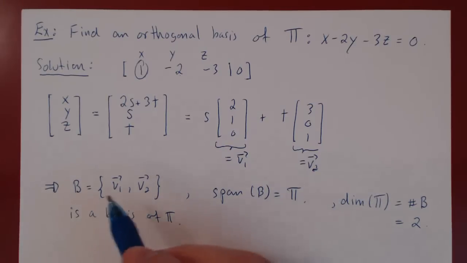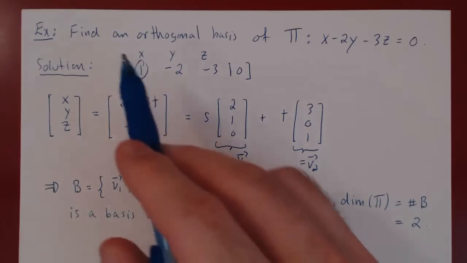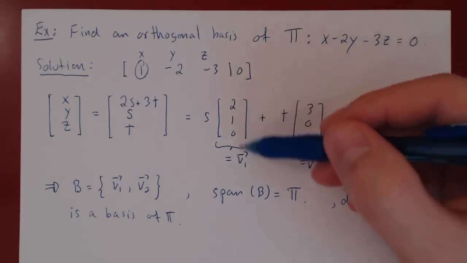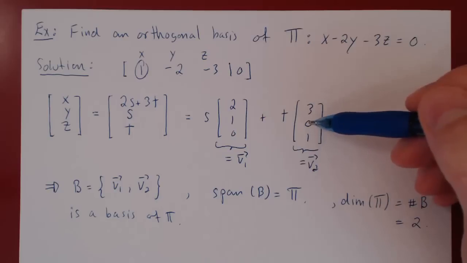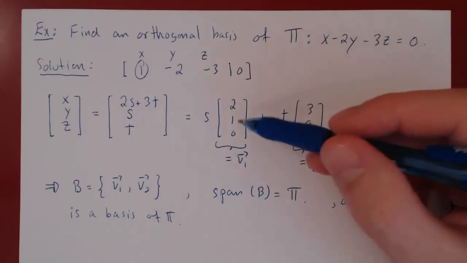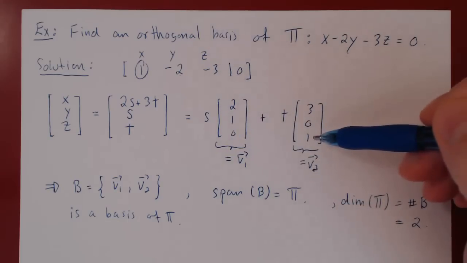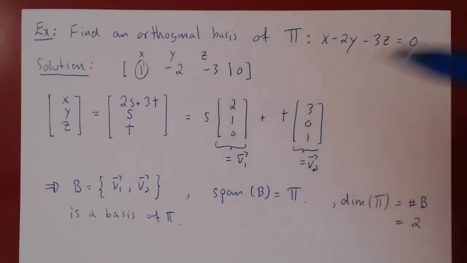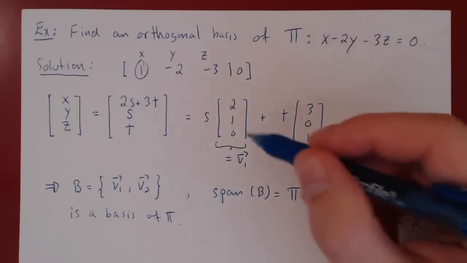Now that we have found a basis, the question was not just to find a basis, but find an orthogonal basis. Well, is this basis, v1, v2, orthogonal? Well, are the two vectors orthogonal to each other? Well, let's see. Vectors are perpendicular if they have a zero dot product. If you dot v1 with v2, you'll get 6 plus 0 plus 0, which is 6, which is not equal to 0.